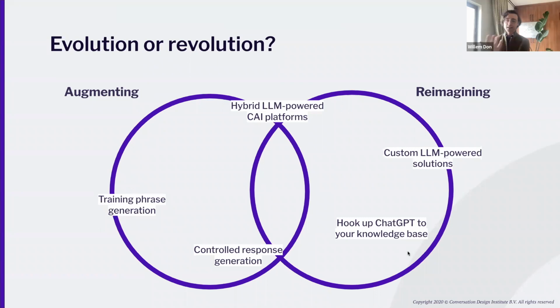So you would think, why do it slow when you can do it fast? Why start with training phrase generation when you can just be done with traditional intent training and, like it says here, hook your large language model up to a knowledge base and let it figure out how to match incoming questions.